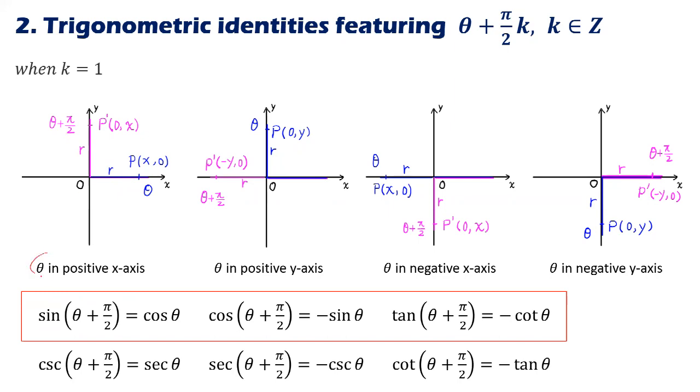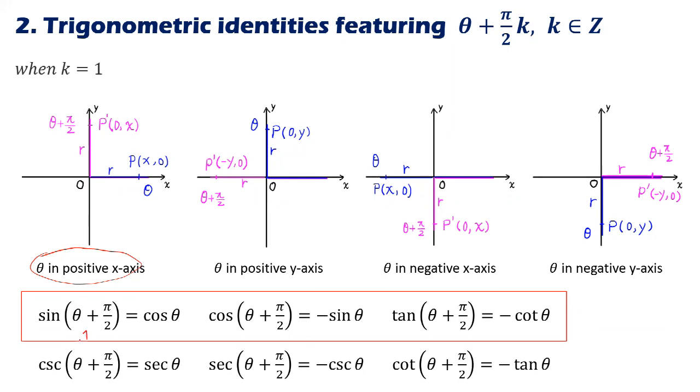Okay, so let's consider this case first. If p has coordinates x, 0, then after turning half pi counterclockwise, p will come to a position p prime with coordinates 0, x. Understand? So now sine theta plus half pi is actually 1, right?